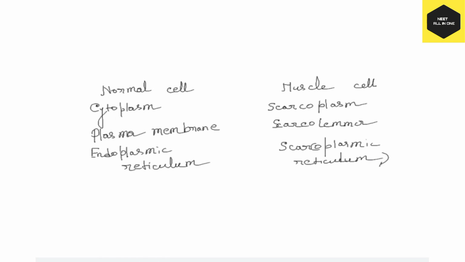A feature of this sarcoplasmic reticulum is that the sarcoplasmic reticulum of the muscle fiber is a storehouse of calcium ions. What is the function of this and all? I will tell you later. So this is all about your muscle. Now, the diagrammatic representation or anatomy of the muscle fiber showing actin and myosin, all those things I will come to in the later videos.